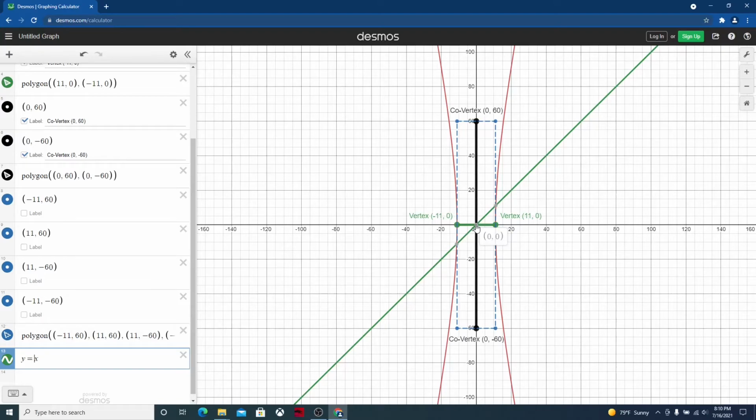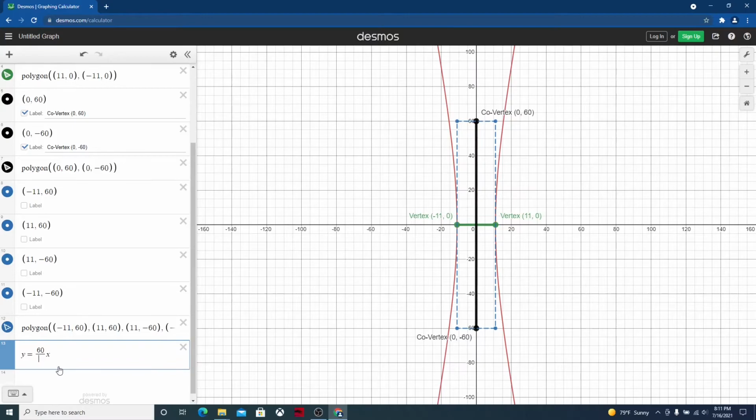We're going to start at 0, 0, the center of the ellipse, and go up 60 units to get up to this top point. And then to go to the upper right corner, we'll move 11 units to the right. So that was 60 over 11. So that's the fraction I'm going to put in front of x.